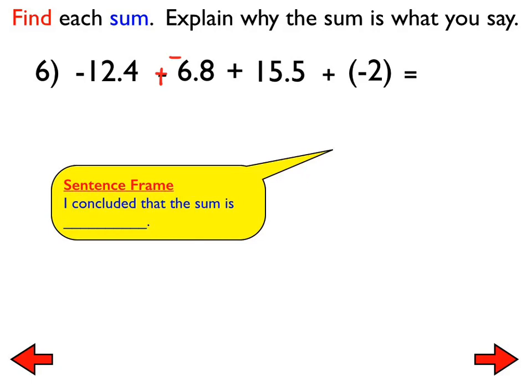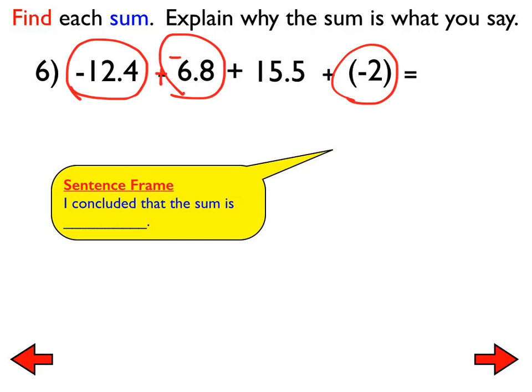And the commutative property tells us that we can add numbers out of order or we can multiply numbers out of order. So I would gather at this point all of my negative numbers together. And when I do that, I have 21.2 negatives.